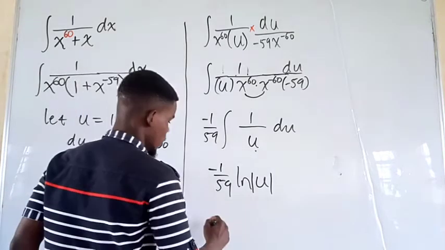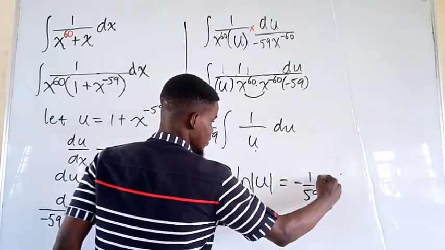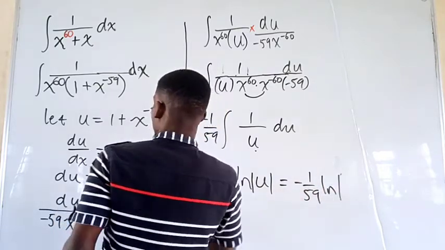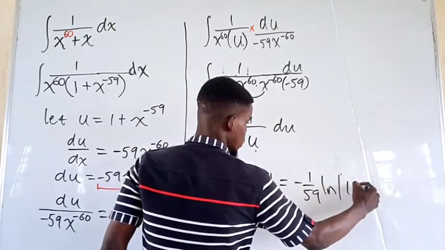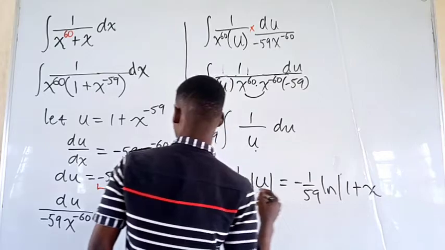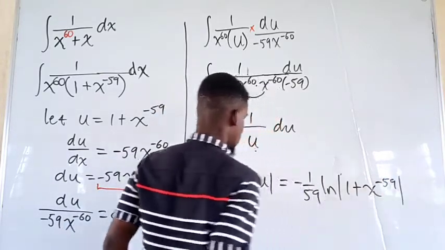So I'm going to just go ahead and substitute that. We're going to have negative 1 over 59 times the natural logarithm of, now in place of u, I'm going to put this down. So that will just be 1 plus x raised to the power of negative 59. And then close that, alright?